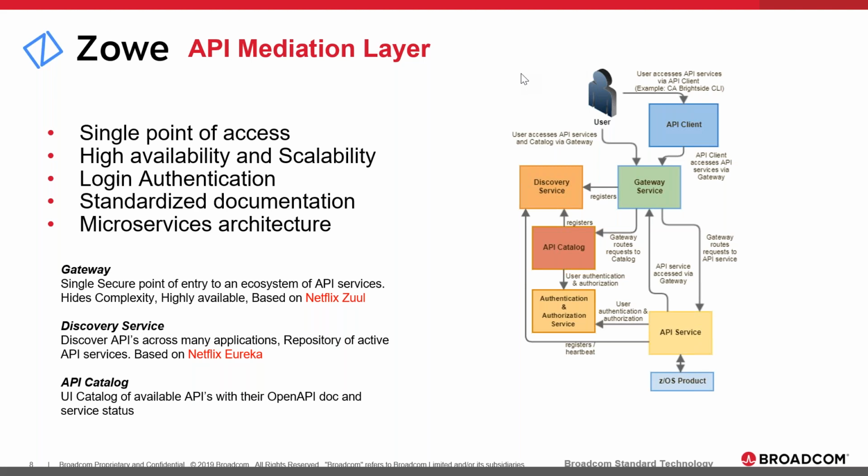Now, the main components will be the gateway. You can consider this the most critical component, because eventually all of your REST API calls will go through this single point of access through the gateway.